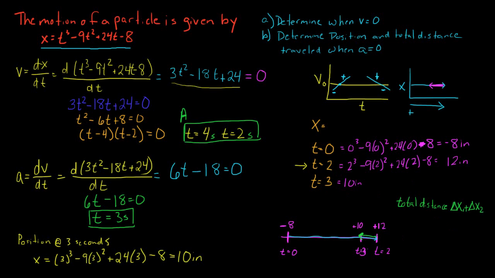And delta x1 is equal to the magnitude, because we're only interested in the total distance traveled, of 12 minus -8, and this is equal to 20 inches.